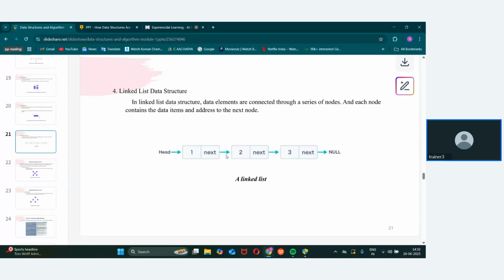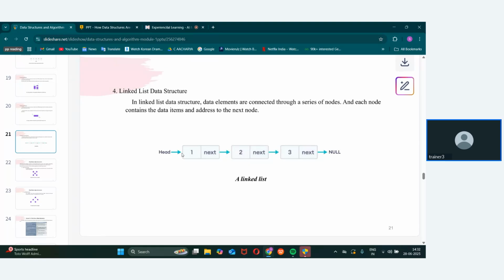This is the data. This header part stores data or a value, and then this tail part, what does it store? The address of the next node.